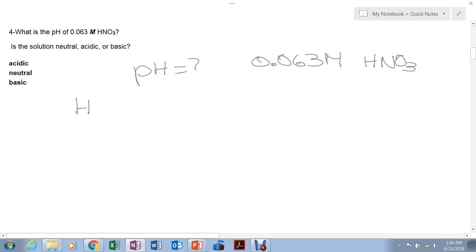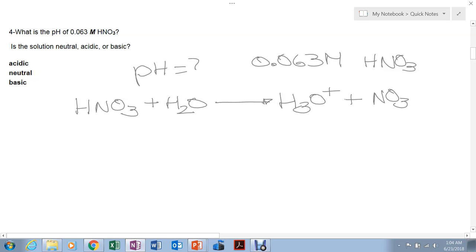And I'm going to write down here the 100% dissociation with water. So it's going to be the concentration of hydronium plus NO3 negative. And here, all is gone. There's no ice table or anything.